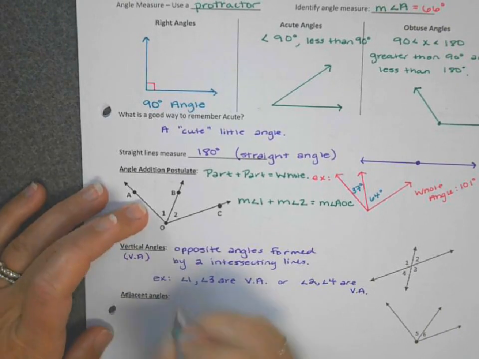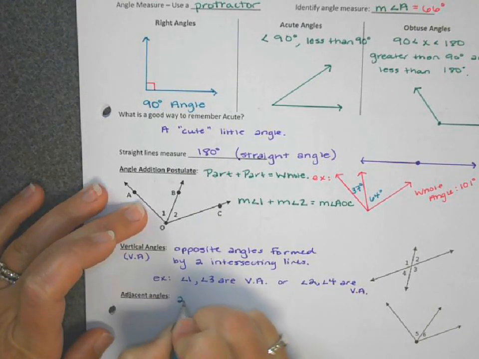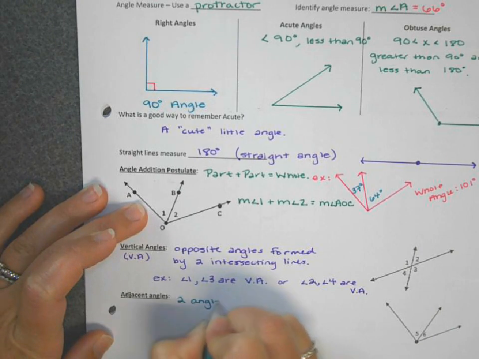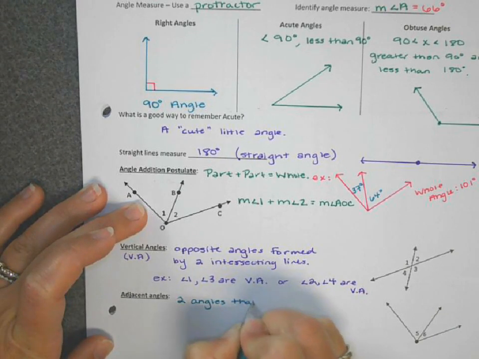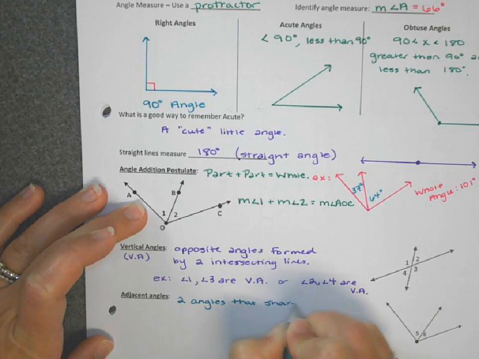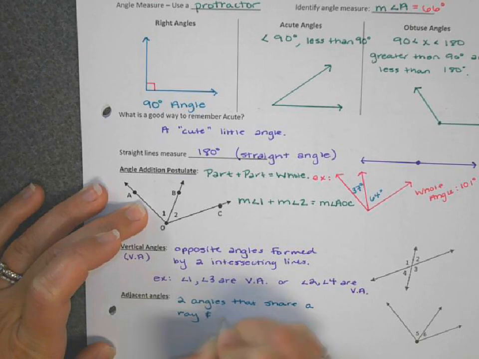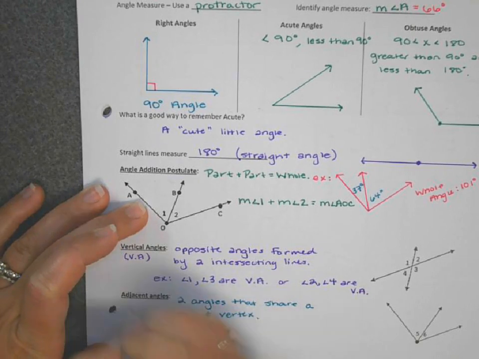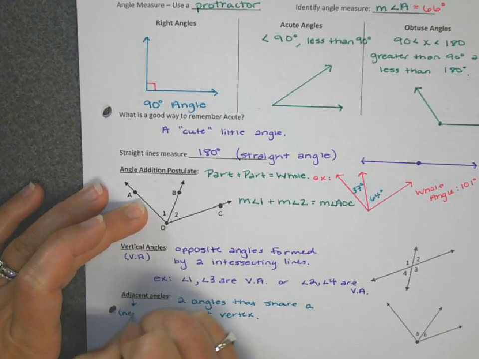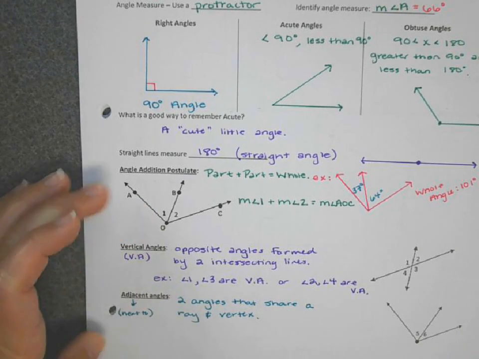Okay, so these are going to be 2 angles that share a ray and vertex, because adjacent means next to. They have to be next to each other.